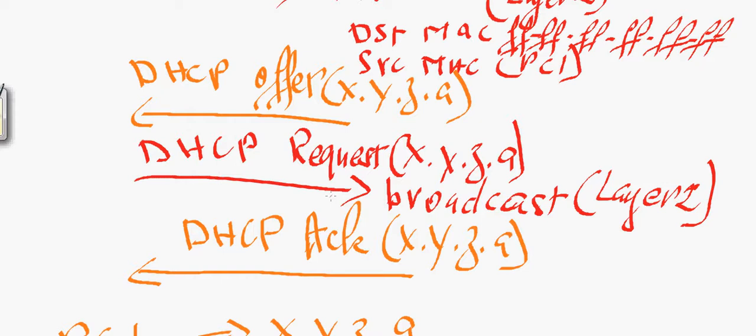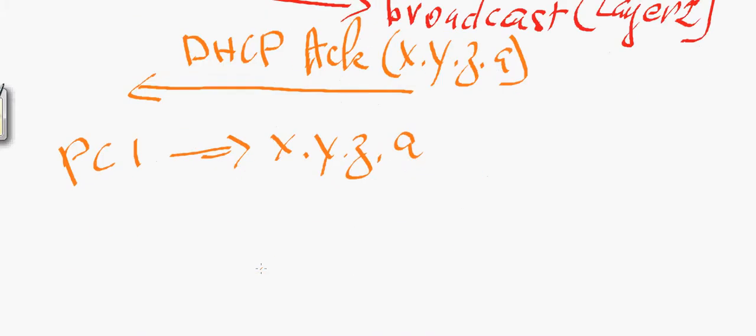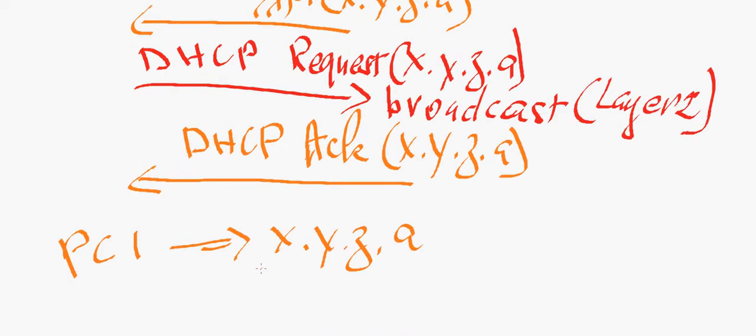And the DHCP client cannot yet use the offered IP address until it receives DHCP acknowledgement from the DHCP server. Once it is acknowledged, yes, you can use that IP address, or I acknowledge that this IP address is for you, then the protocol stack of PC1 will commit this IP address to PC1 and start using it to communicate with other computers.